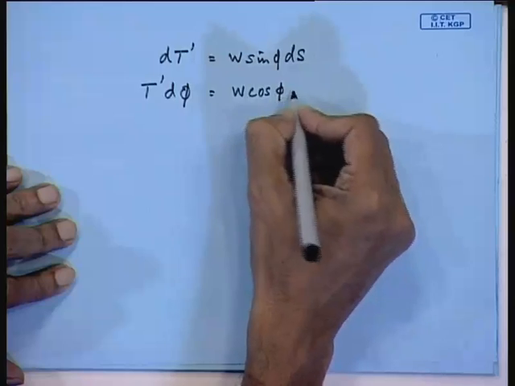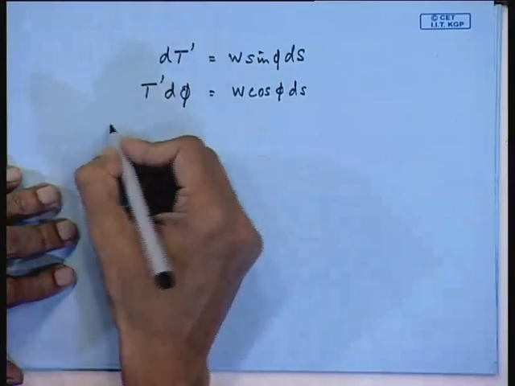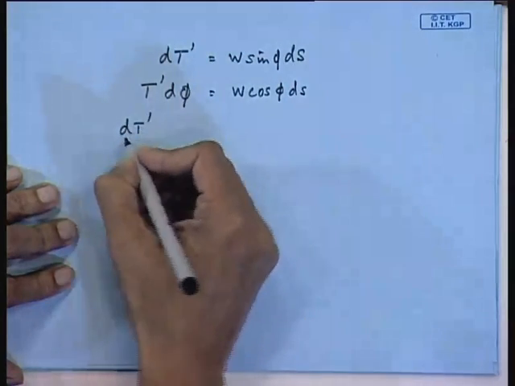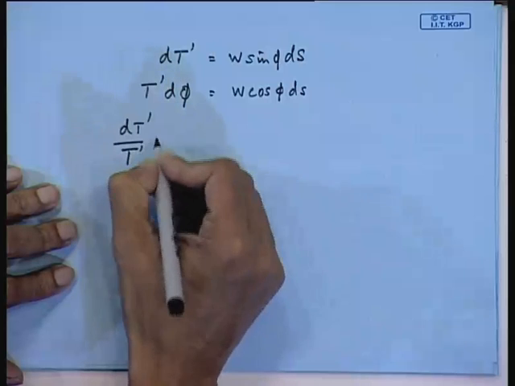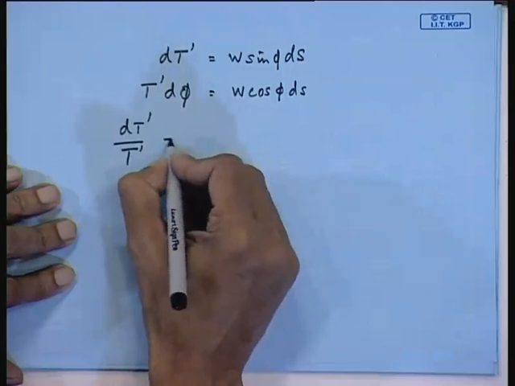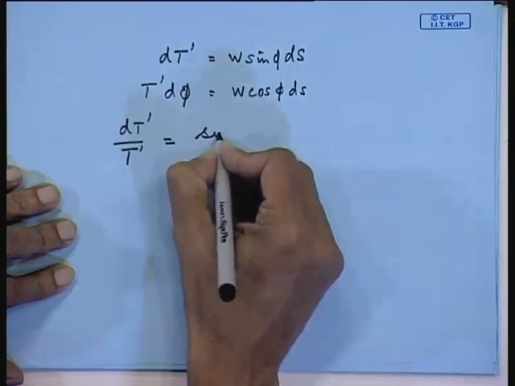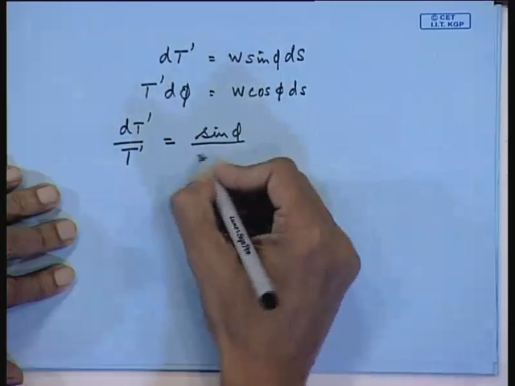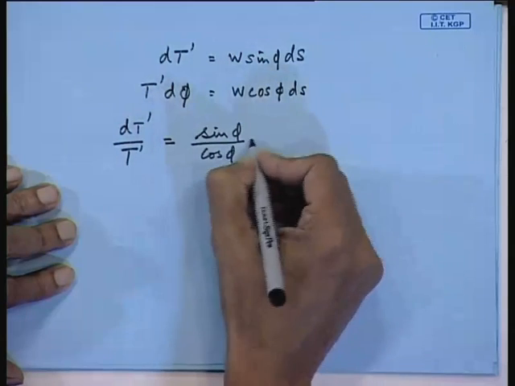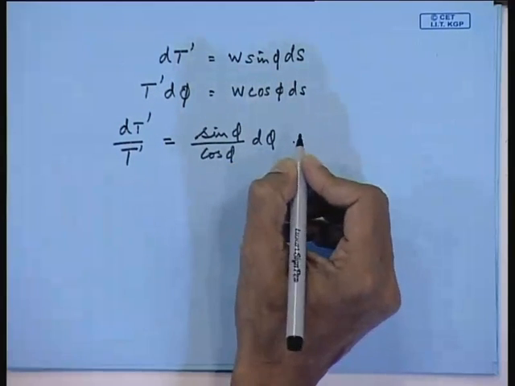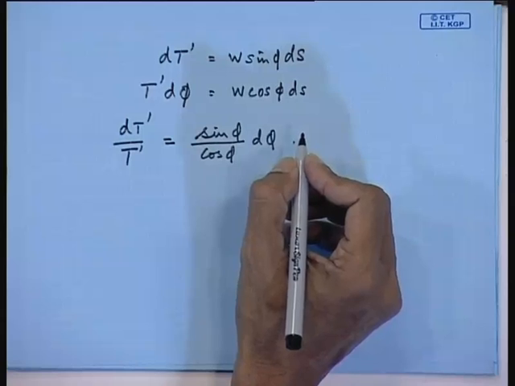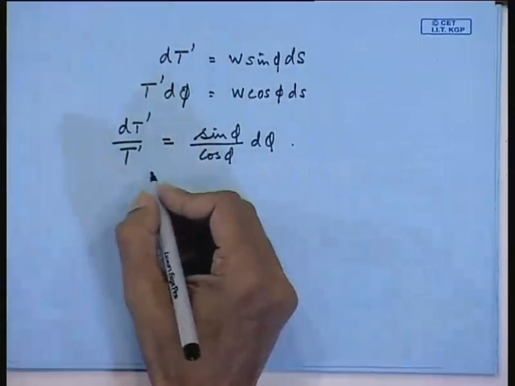Now if you divide those two, you will get dT' by T' in this form, sin phi over cos phi. So this we have already derived. Now in this equation, you integrate.